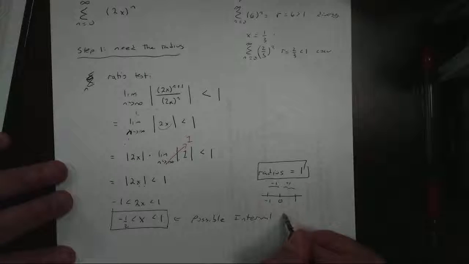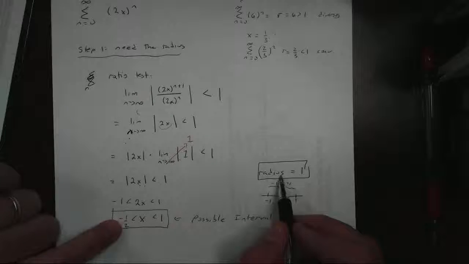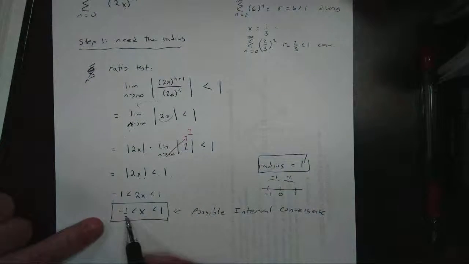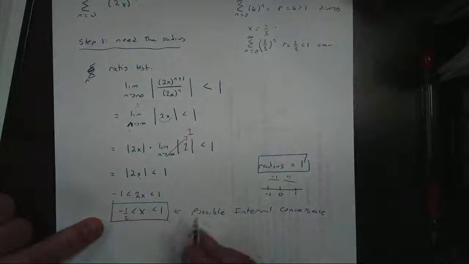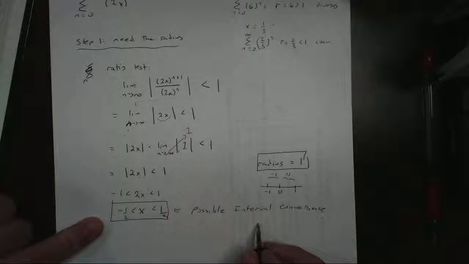Now it's an interval because what it's saying is that anything between -1/2 and 1/2 will guarantee convergence. That's what we set up here, 1/3 converged. Anything between -1/2 and 1/2 will converge.